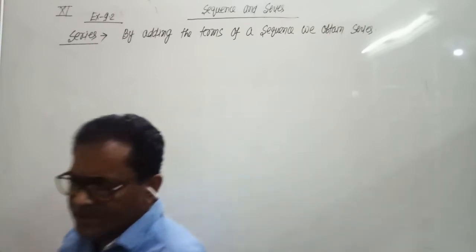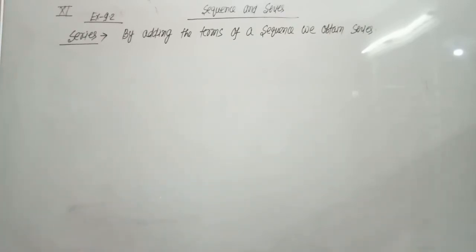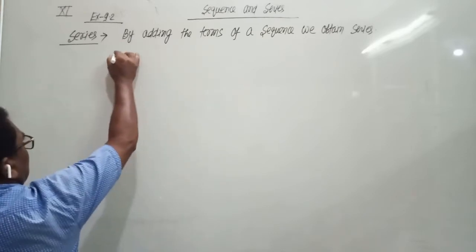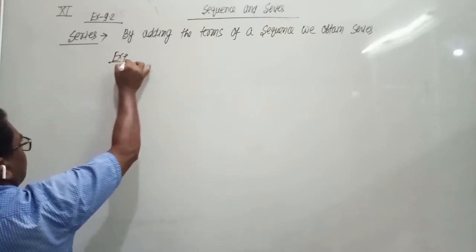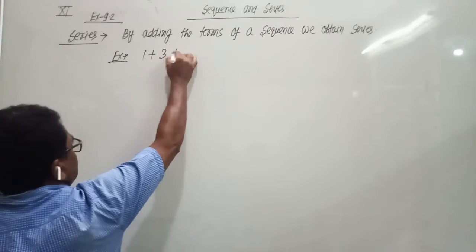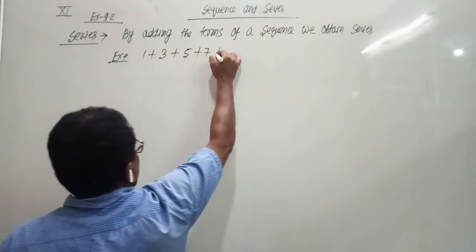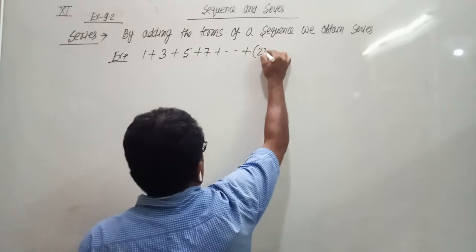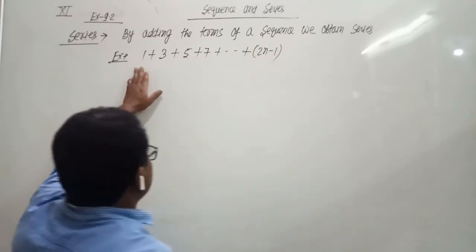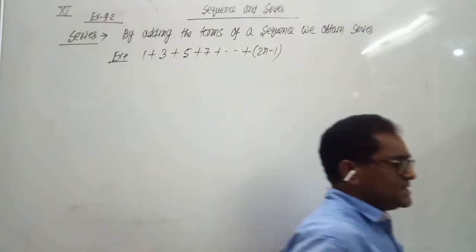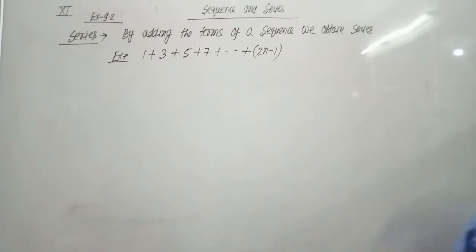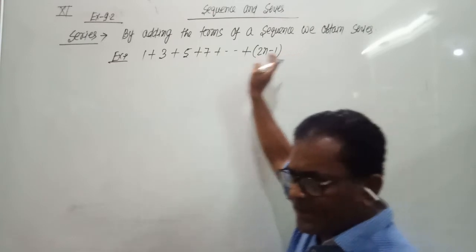When the terms of the sequence are added, we get the series. As for example, in the previous examples, when we add 1 plus 3 plus 5 plus 7 plus dash dash 2n minus 1, when we add all the terms of the sequences, then this expression becomes a series.